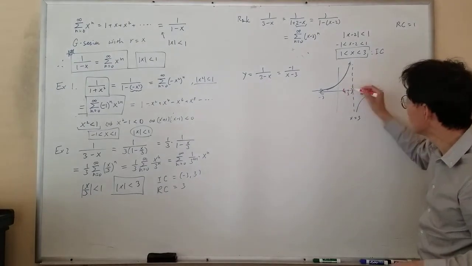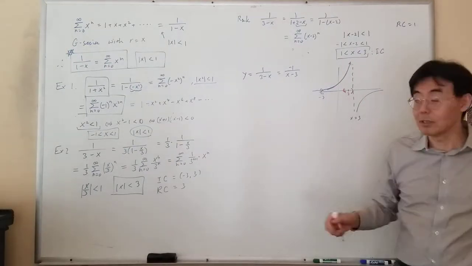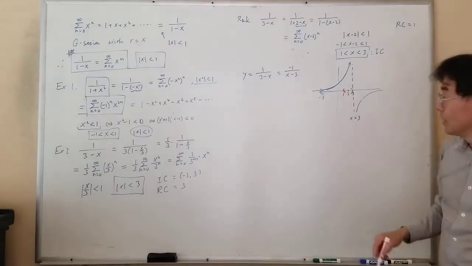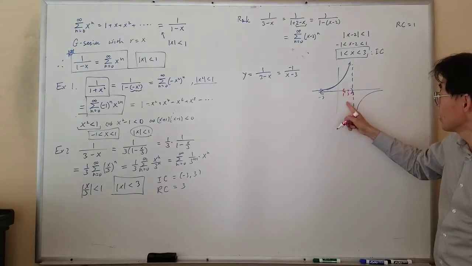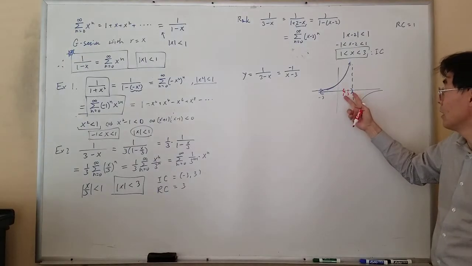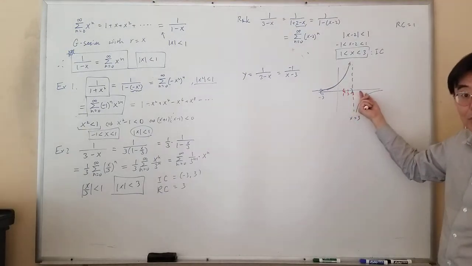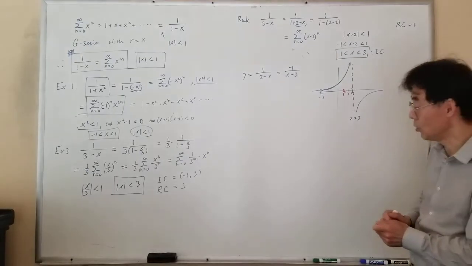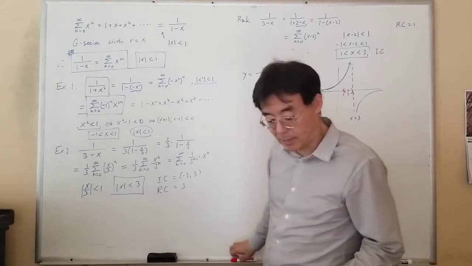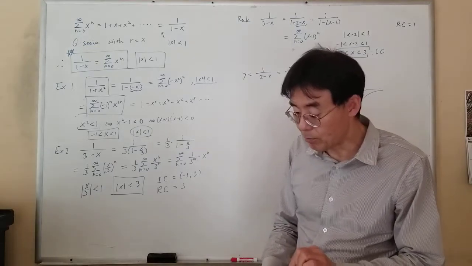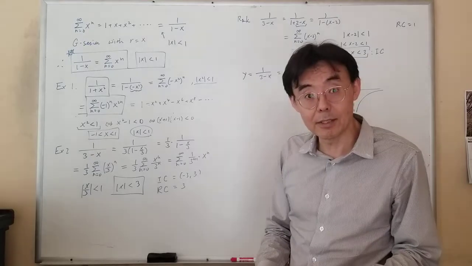That's why you have to go the same distance on both sides: 1 and 3. Okay? So when your expansion point is close to 3, the radius of convergence can be only up to 1. Right? So it's not a coincidence. This is actually a general feature. That's the note I put in the middle of the second page.